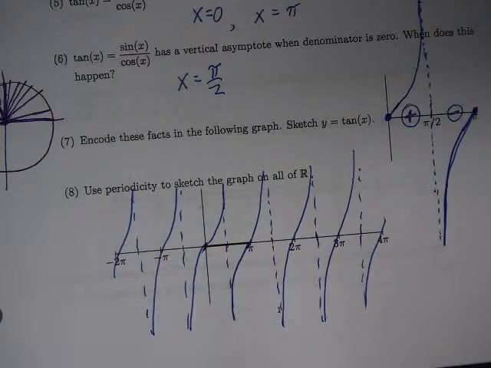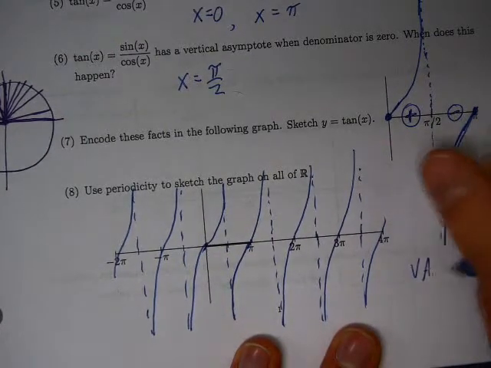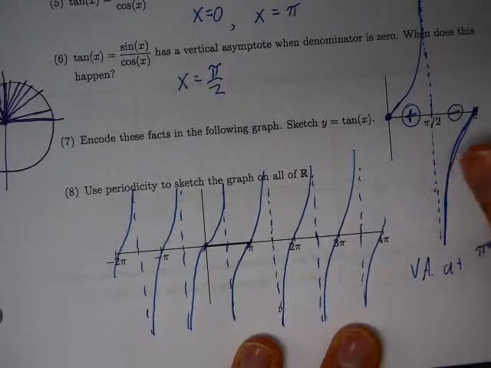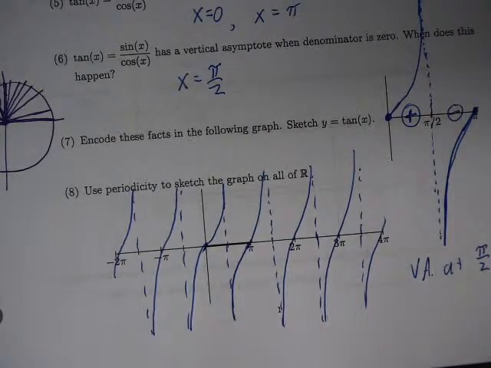Almost every interval of half pi. Well, let's write it down this way. So I see a vertical asymptote at pi over 2. But then I also see a vertical asymptote whenever you shift that by pi. So at every pi over 2 plus pi k.